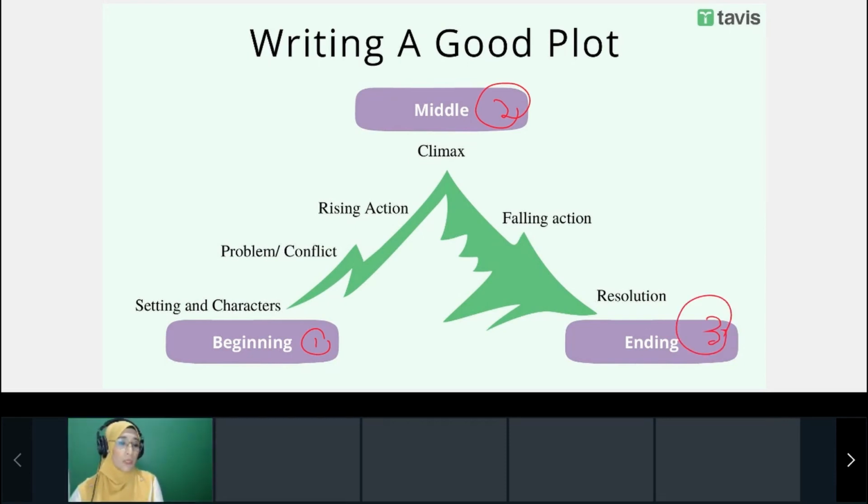First of all, as I keep on telling, introduce the title, the characters, and the setting, where and when it happened, and who is involved. You can put that in the introduction. And then there is a problem, or there is a conflict.